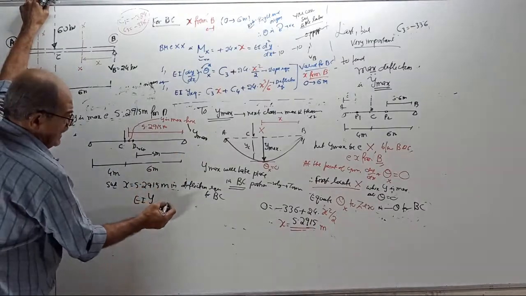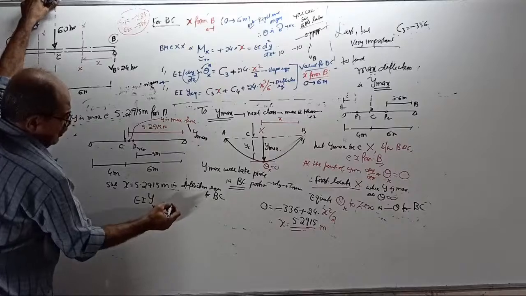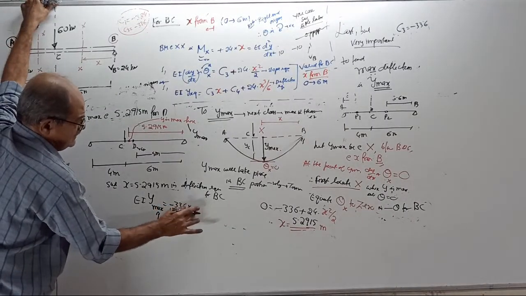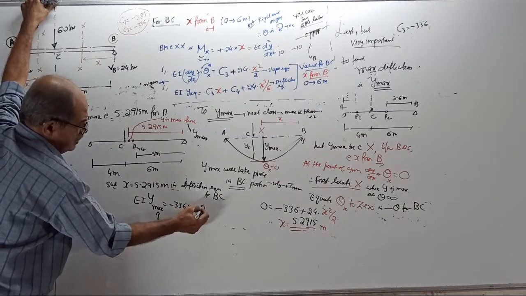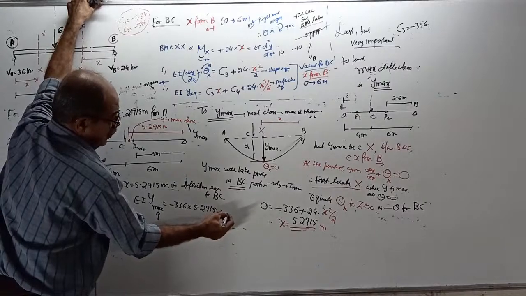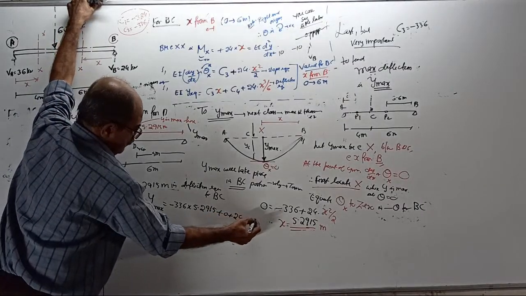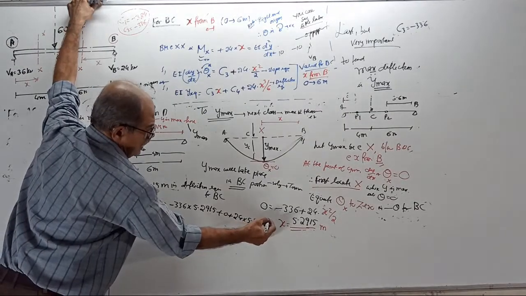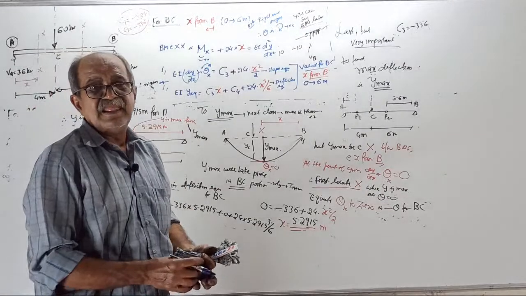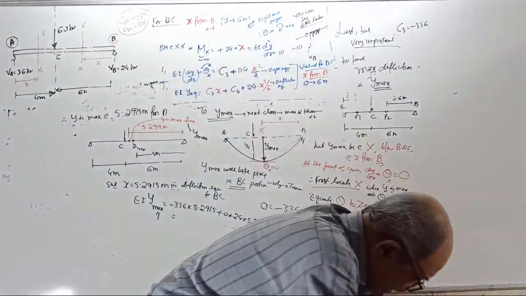That y is y max, upward positive, equal to C3 into x, minus 336 into x, which is 5.2915, plus C4 which is 0, plus the other one, 24 into 5.2915 cube by 6. Tell the answer fast. Over. Today's last calculation.